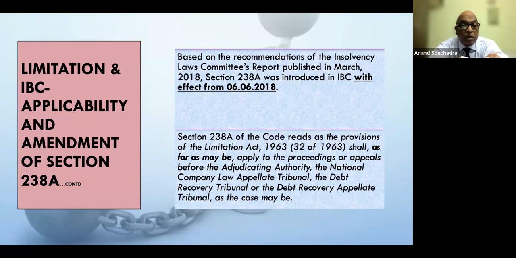Section 238A of the code reads, the provisions of Limitation Act 1963, within bracket 32, shall, as far as may be, apply to the proceeding or appeals before the adjudicating authority, the National Company Law Tribunal, Appellate Tribunal, the Debt Recovery Tribunal, or the Debt Recovery Appellate Tribunal, as the case may be.